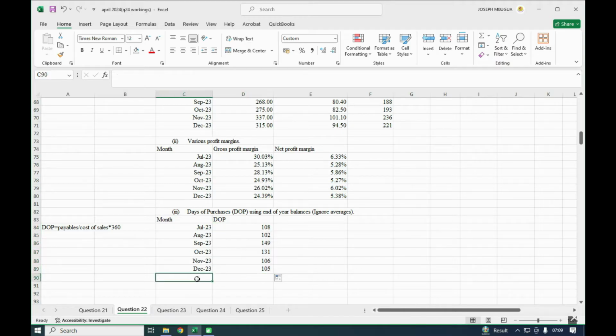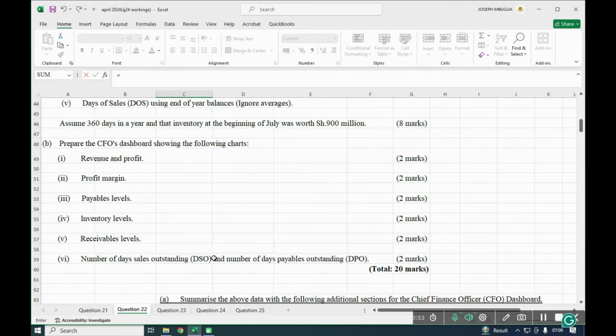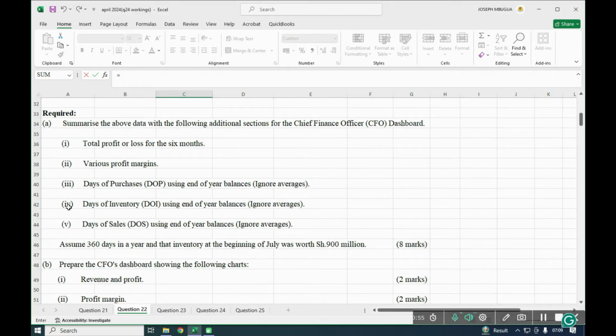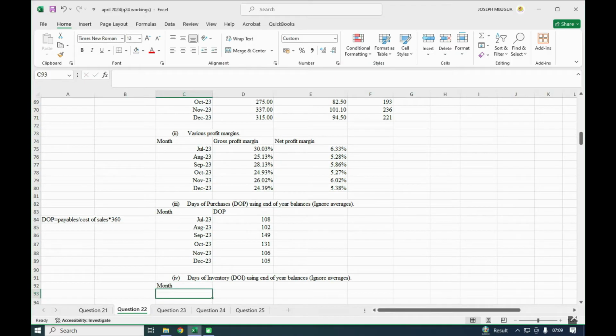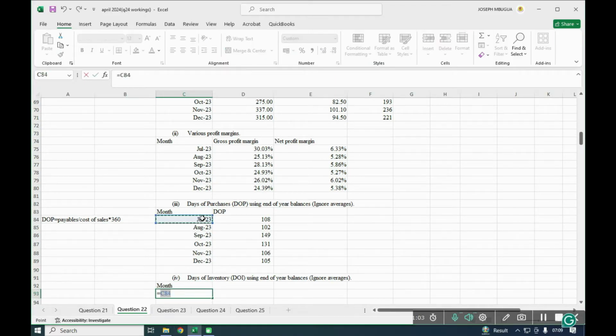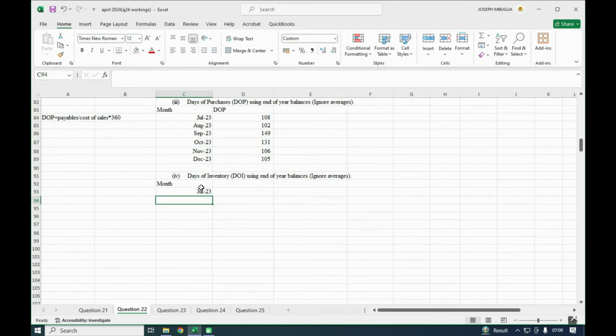The next one we need, after days of purchase, we go to days of inventory. Still, we check the month, July to December.